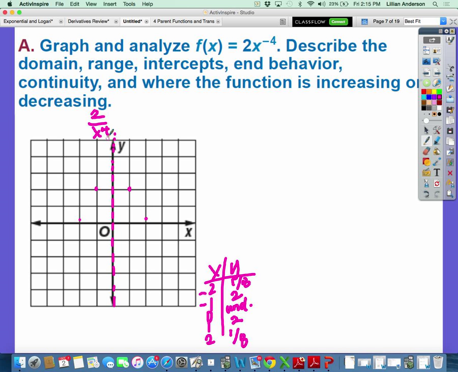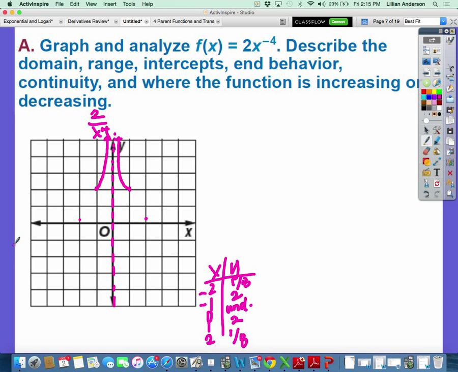Exactly. Since I have an asymptote, that means I'm going to get closer and closer to my asymptote but never touch. And then over here, these are not going to continue to go and cross the x-axis, because think about it, the bigger that x gets, what's happening to the y's?